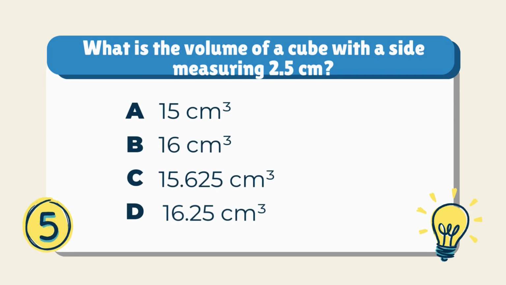Question number 5. What is the volume of a cube with a side measuring 2.5 centimeters? A. 15 cubic centimeters. B. 16 cubic centimeters. C. 15.625 cubic centimeters, or D. 16.25 cubic centimeters.